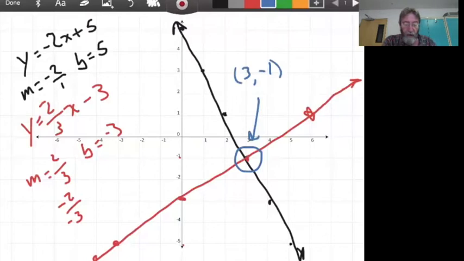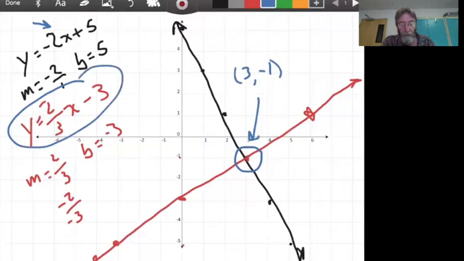And we can plug those in. 3 times negative 2 is negative 6, plus 5 is negative 1. If I plug in here, 2/3 of 3 is 2, minus 3 is negative 1. That solves that one as well. Clearly, that's our solution.